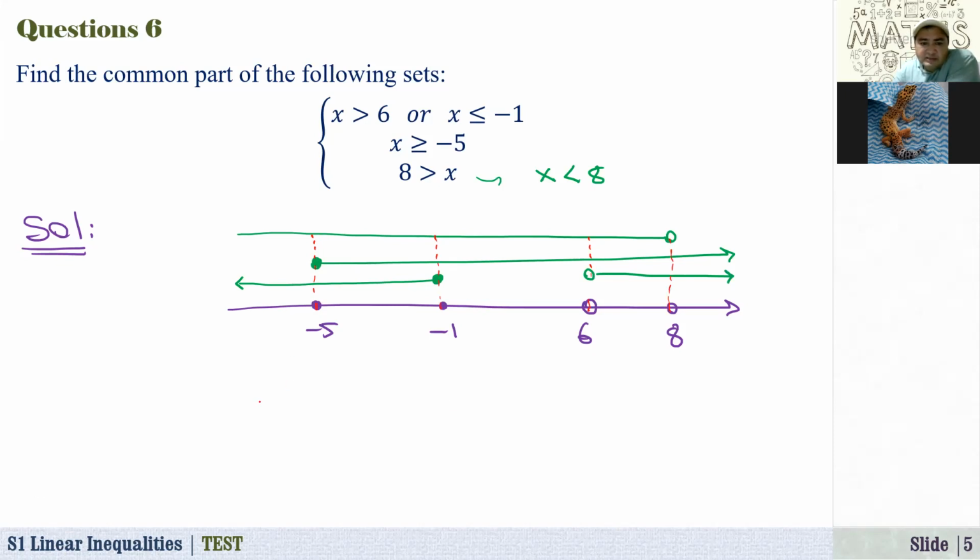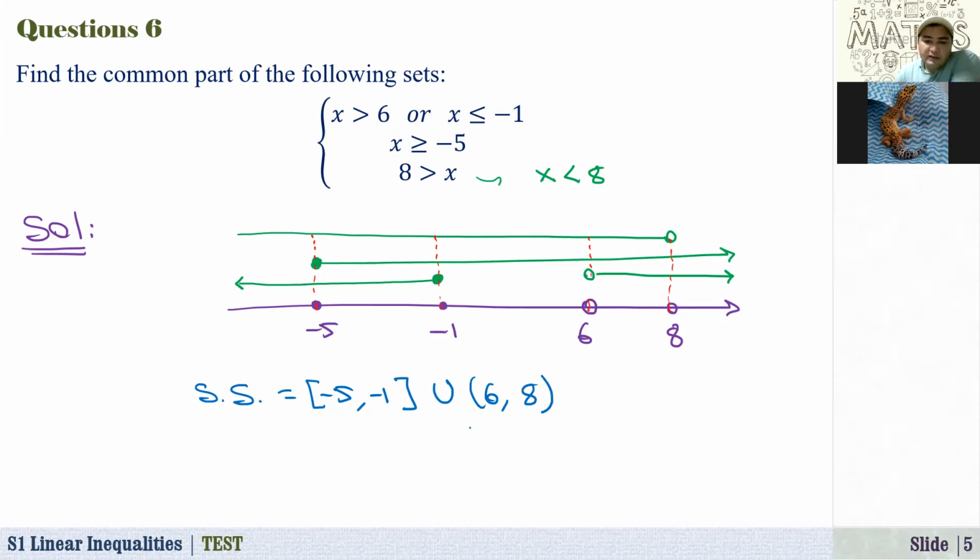So now how can I write this in set form? The solution set, this is how we describe this in math, is from -5 to -1, inclusive, and union, that means or, from 6, not inclusive, to 8.